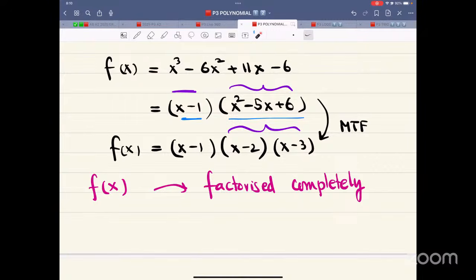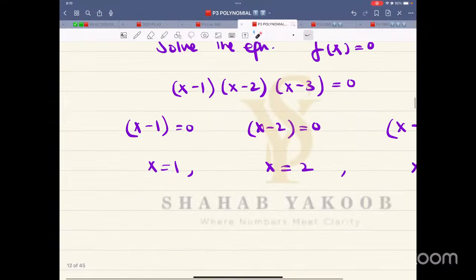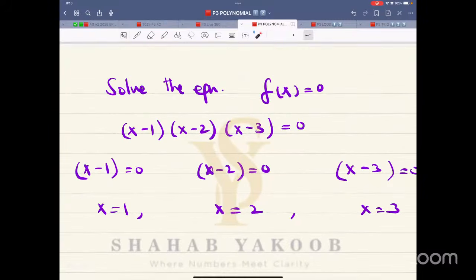So now this thing is done. If they say solve the equation f(x) equals 0, then we take the factors and equate each to 0. So this will give me 1, this will give me 2, this will give me 3. That's how the solutions are obtained.